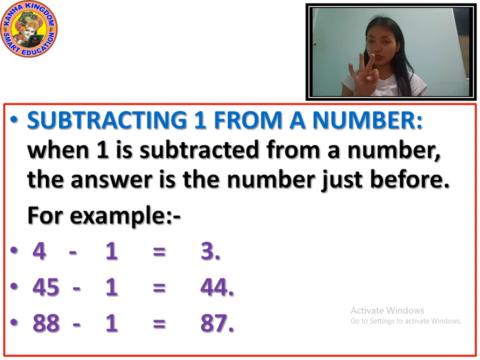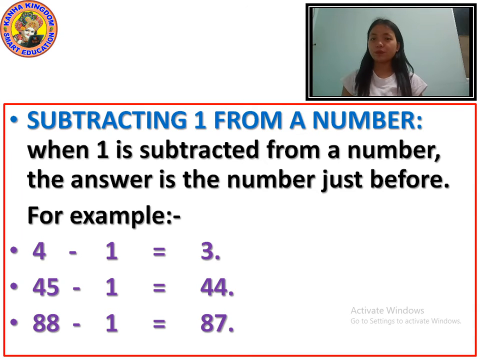That is 3, right? When you subtract 1 from a number, the answer is the number just before. Okay, students, I hope you all have understood subtracting 1 from a number.